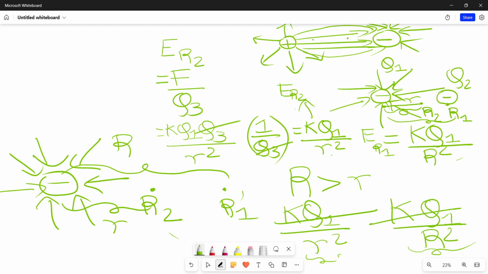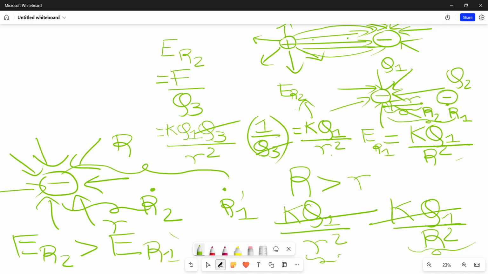If the denominator is greater, the fraction is of a much smaller value. In this case, considering the numerators to be the same, if the denominator is smaller, I have a much greater E field, right? So from there, we can see that the E field at R2 is greater than the E field at R1, right?